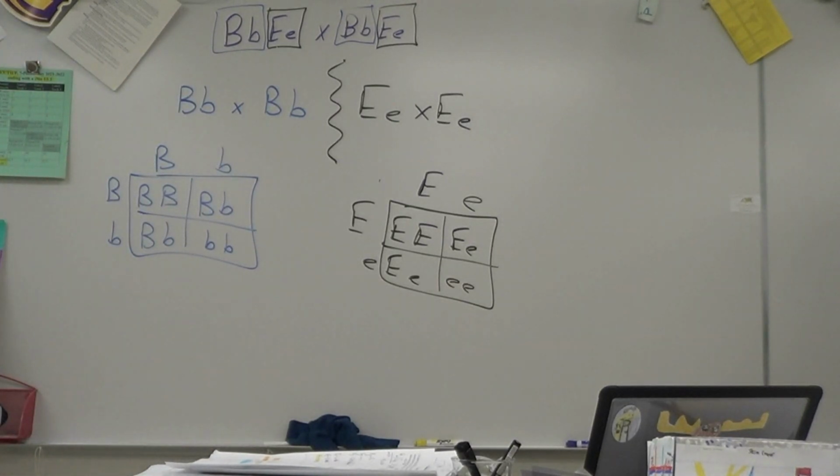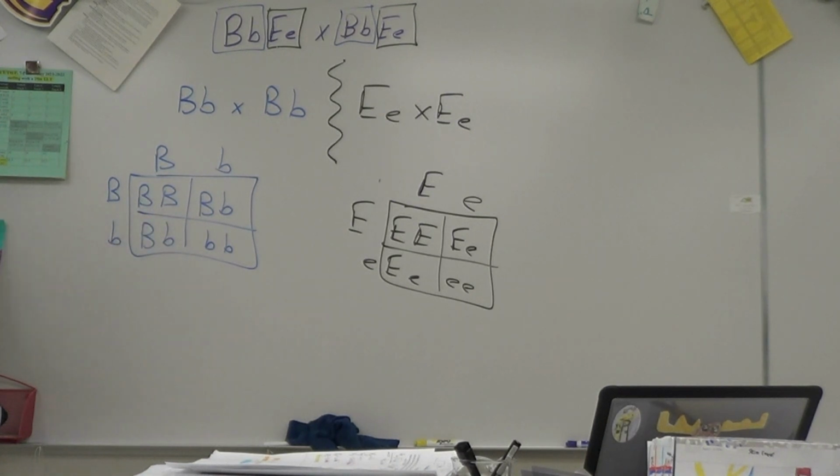Okay? Now what we can do is look at this and say, if big B represents brown hair and little b represents blonde hair, what would this offspring be? Brown or blonde? What about this one? And what about this one? And what about this one?